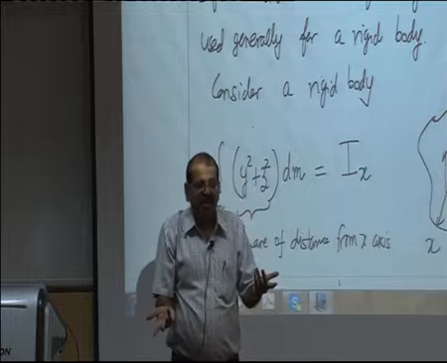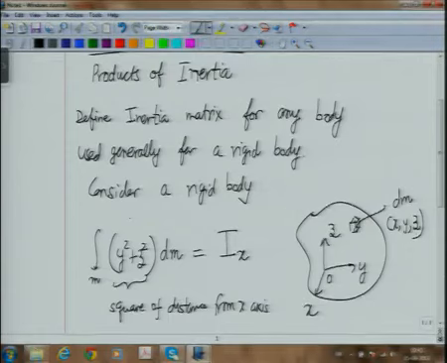I can call it x, and then I just look at the square of the distance of each of the mass from that axis, add it up, and that gives me the moment of inertia. Is that fine?